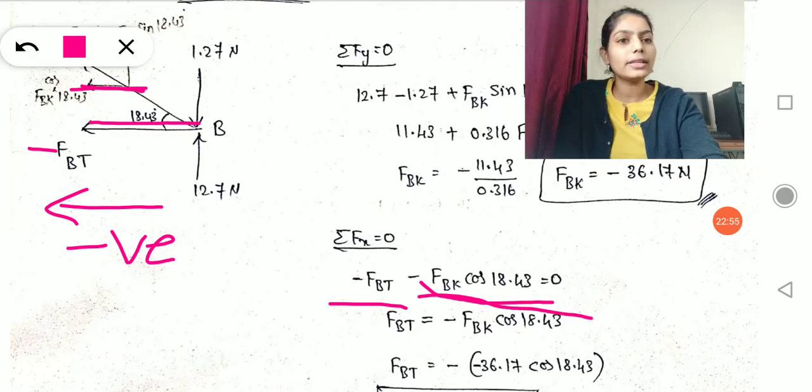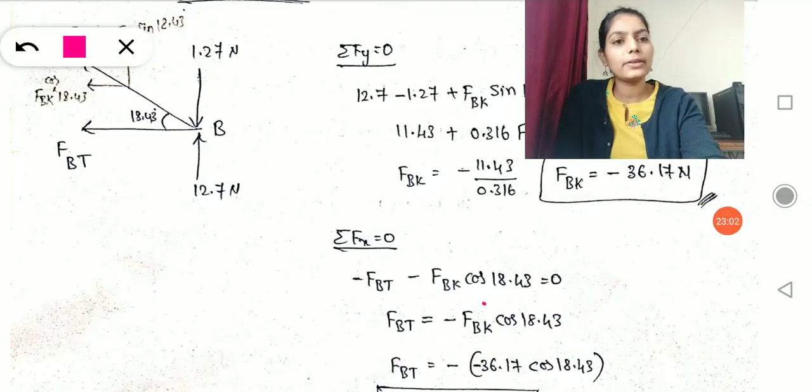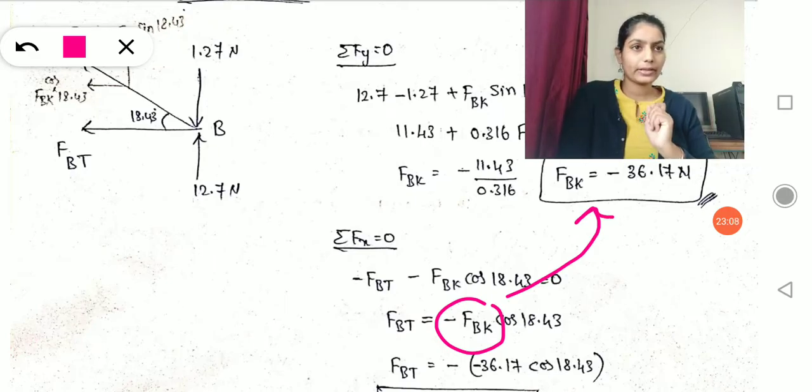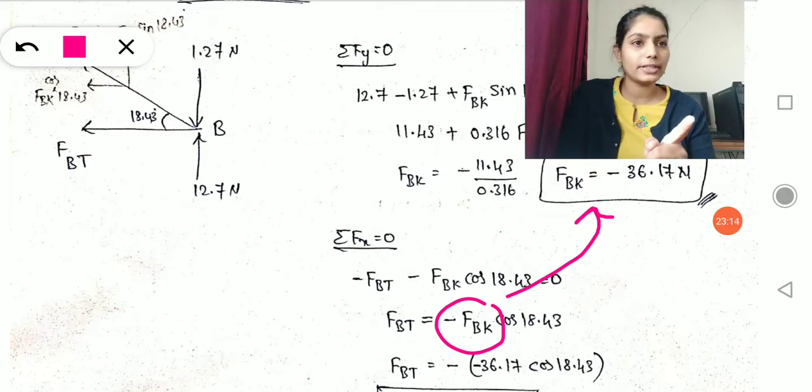Put the value of BK in this equation, because BK we already solved. My value of FBK is minus 36.17, right?